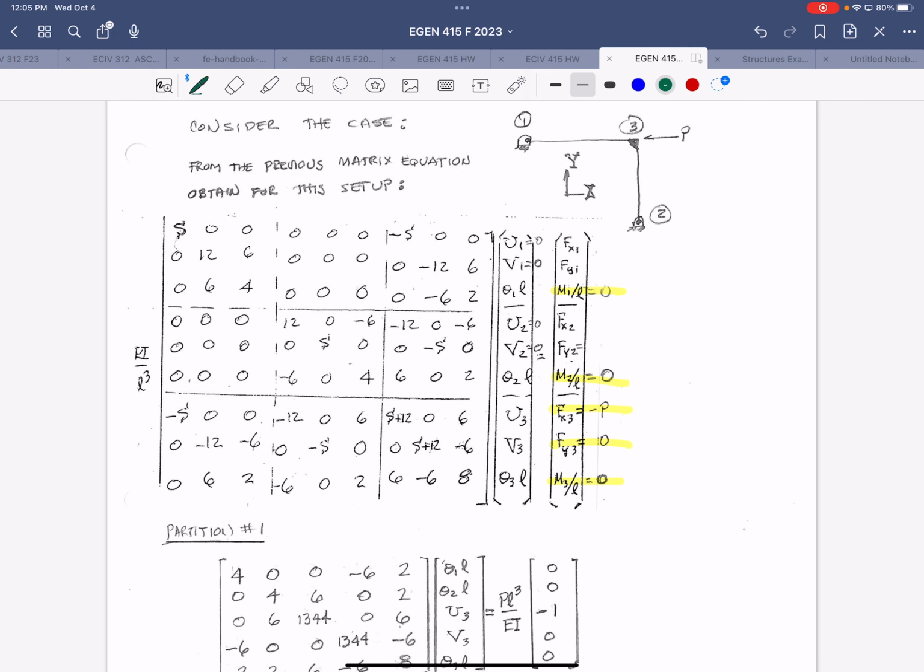And then the columns that we would eliminate would be just the 4 that are associated with the transverse or translation in X and Y at nodes 1 and 2, right? So that would be columns 1 and 2, rather, and then columns 4 and 5.